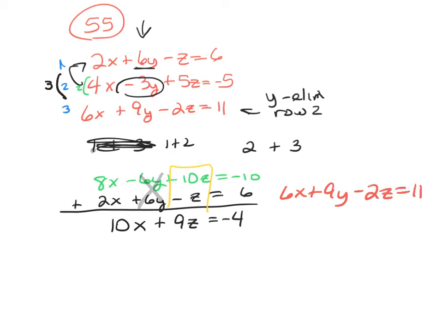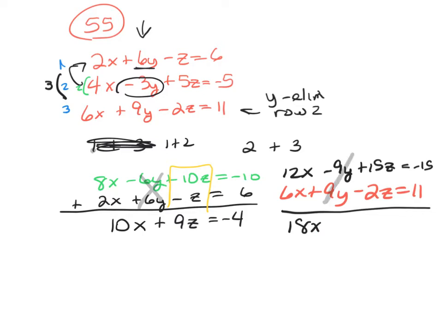Now I'm going to distribute the 3, and I get 12x minus 9y plus 15z equals -15. I'm going to add the two equations. This is gone. Plus 13z equals -4.